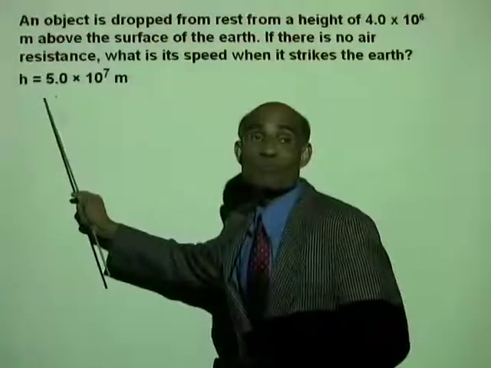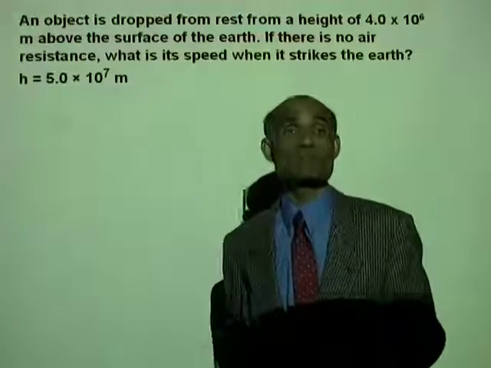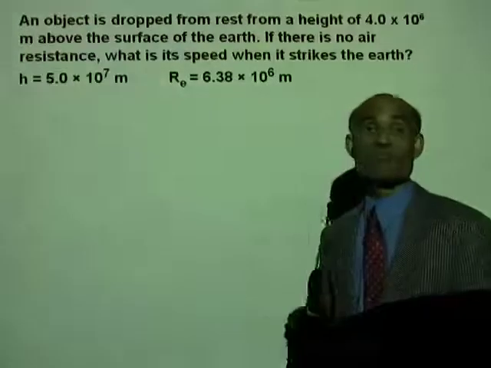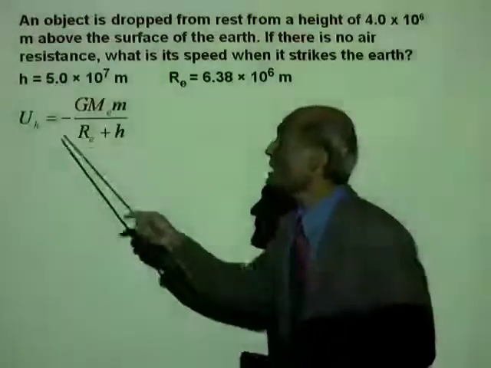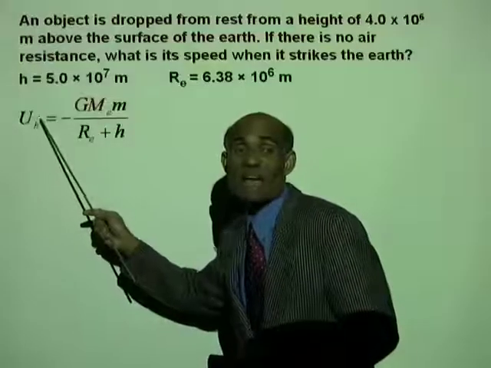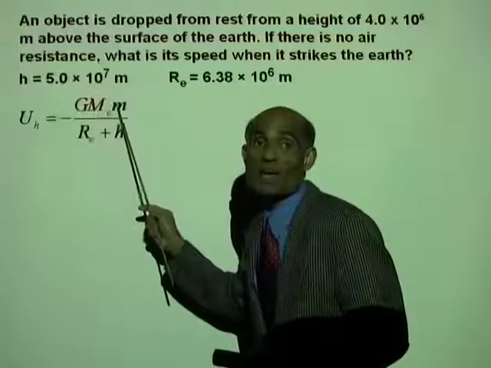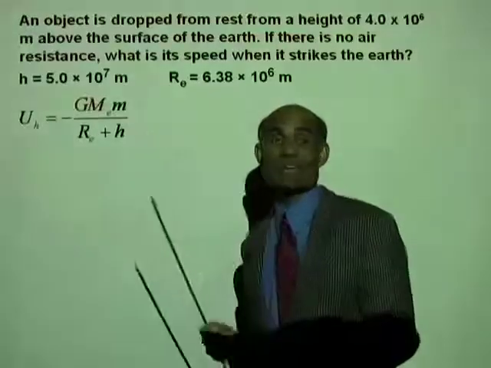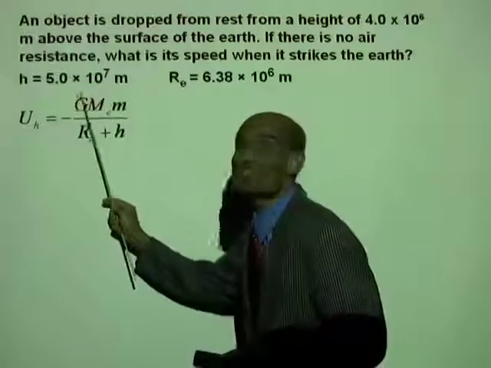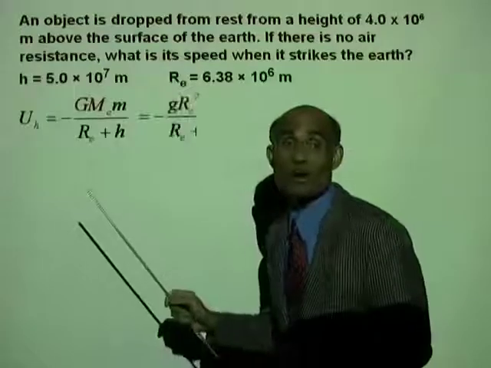The height from where the object is dropped is 5 times 10 to the 7 meter. The radius of the earth is the usual value, and the potential energy of the object at the height h is negative G M_E m over R_E plus h. And let's replace this G M_E. What is G M_E equal to? Small g R_E squared.